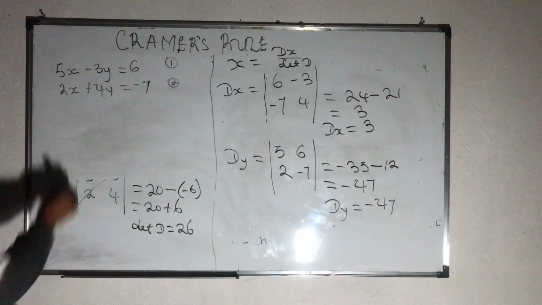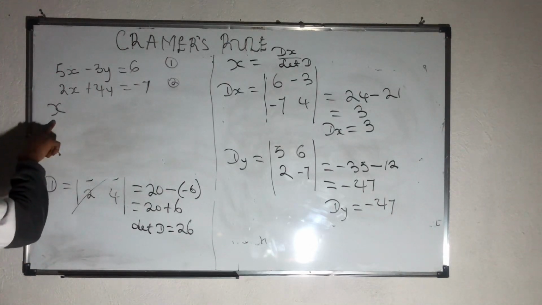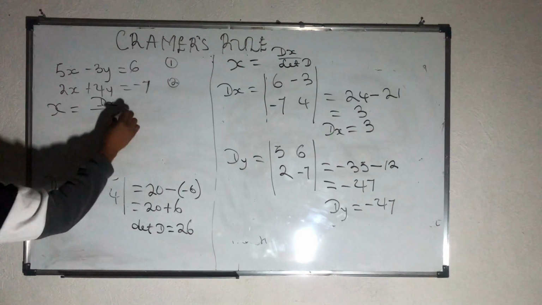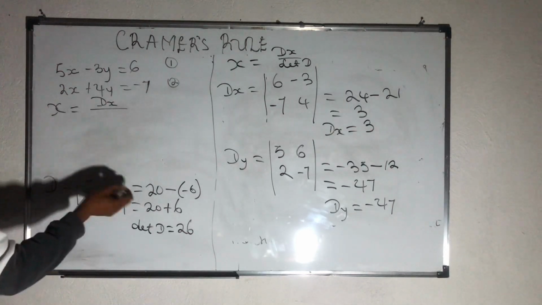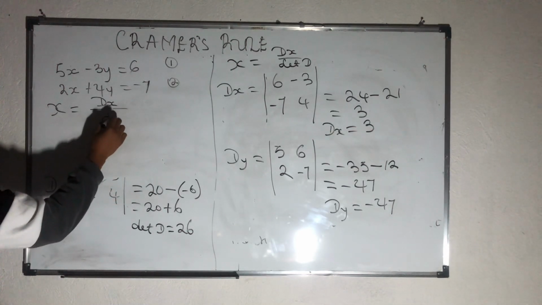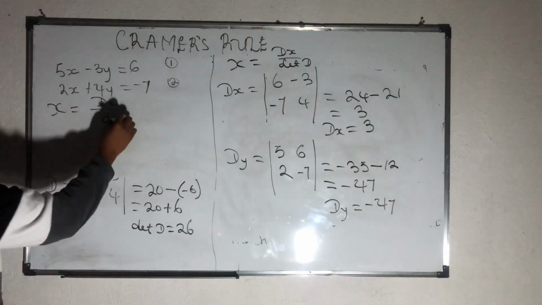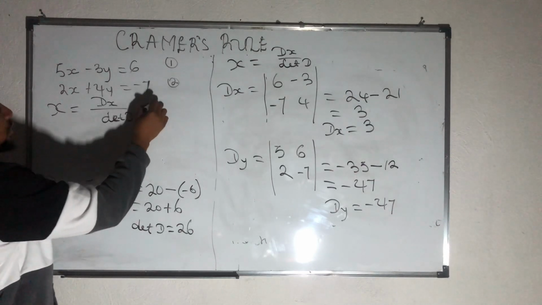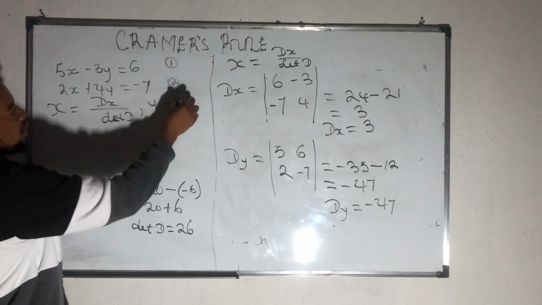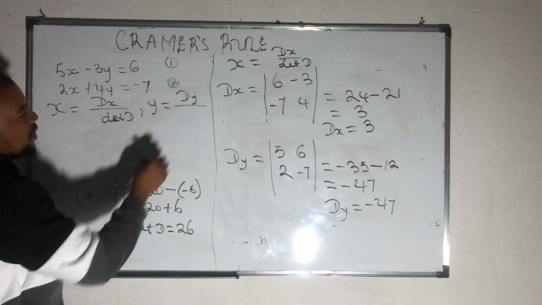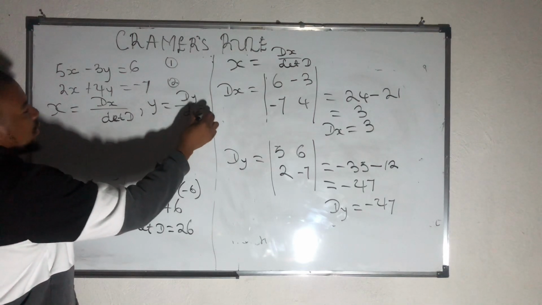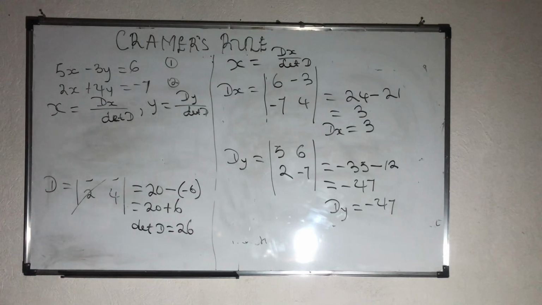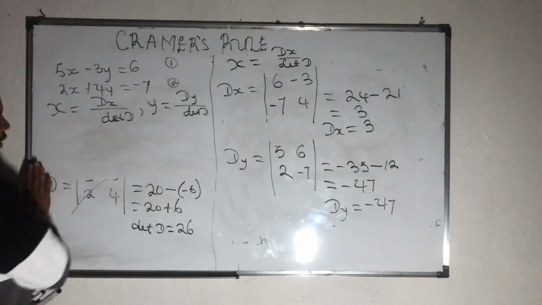Remember, to find the value of x, we simply need the determinant for x and divide it by the determinant of the main matrix, which we called D. And for y, we simply get our determinant for y and divide it by the main determinant D.